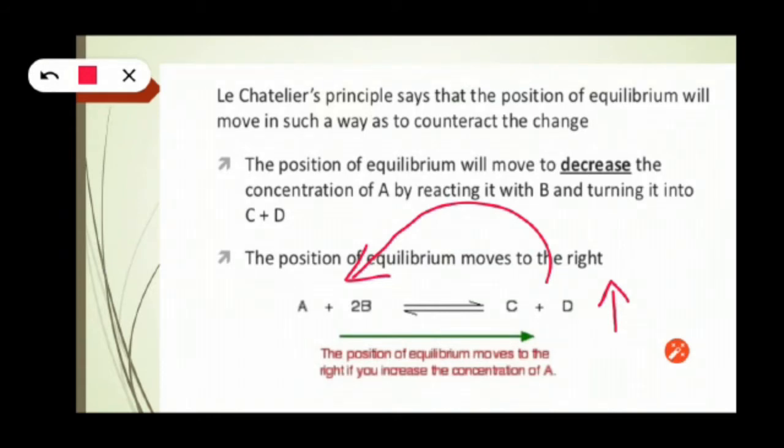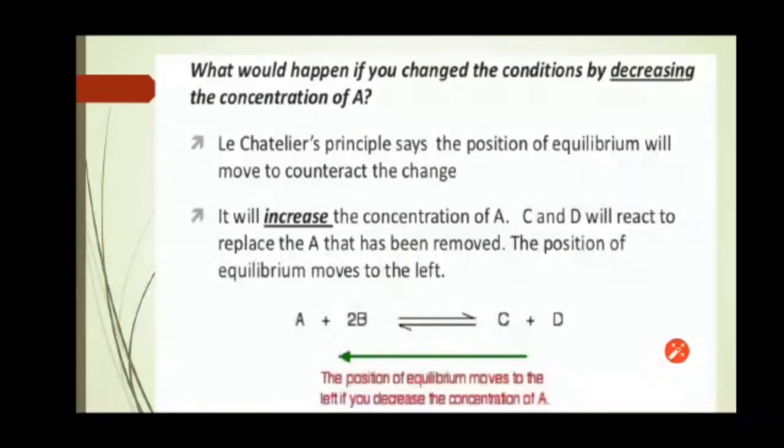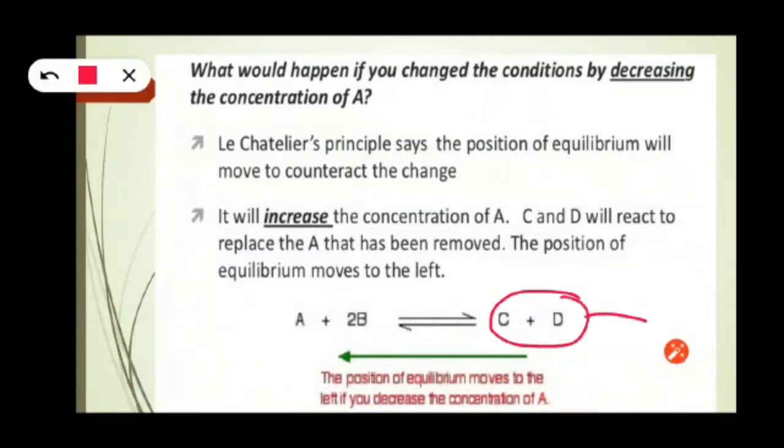Similarly, if we decrease the concentration of a reactant, either A or B, again the reaction will move in the reverse direction. Now what happens if we remove the product from the reaction? If we remove the product, the reaction will move in the forward direction to attain equilibrium and balance the concentration.